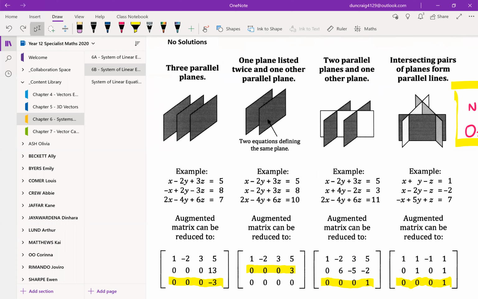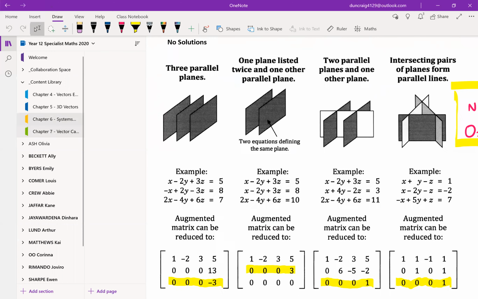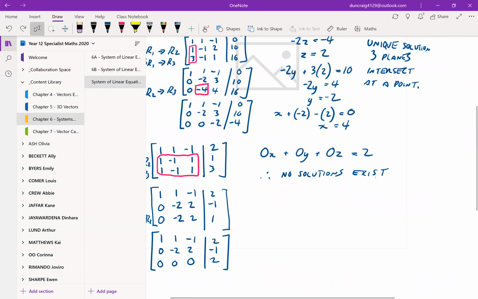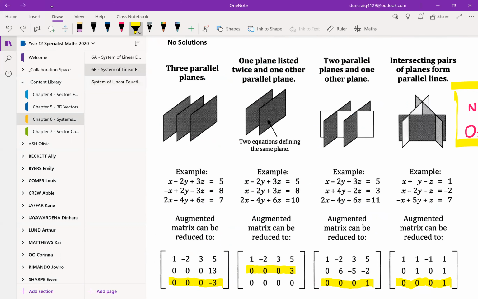So it can't be that scenario there, because if we have a look at the equations, two of them are scale factors of one another. So if I come over here, I can see that none of those equations are scale factors of one another. But we did have it in some of these other ones. It can't be this scenario here because all three are scale factors of one another, which isn't the case.